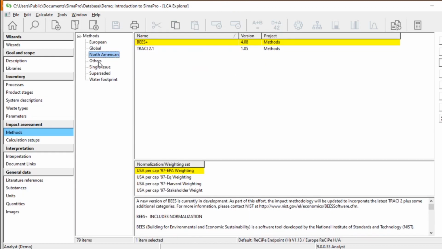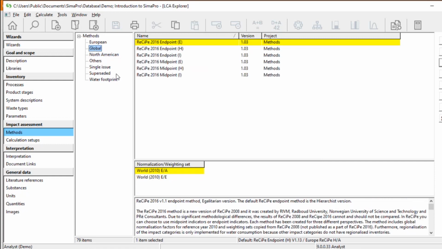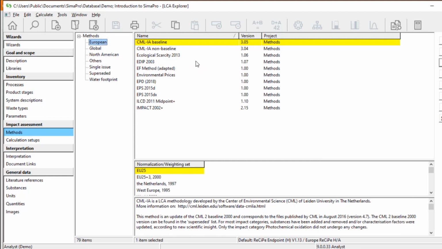North American method, and depending on your location and from where you are analyzing this life cycle modeling, you can choose your method. But usually we use the global method, but those who are from Europe, you can use this method as well. Okay.